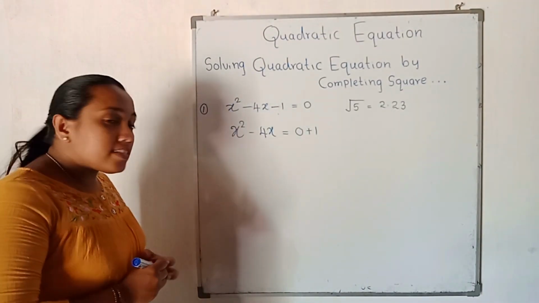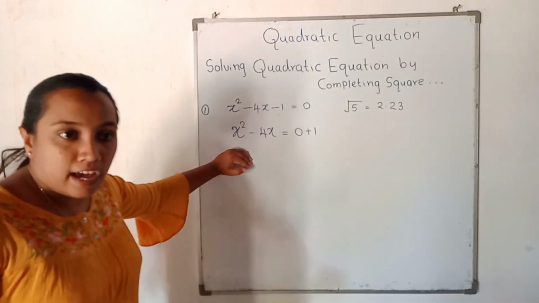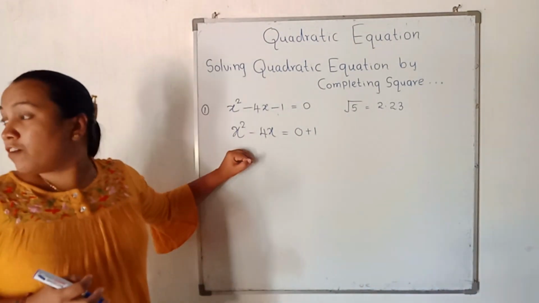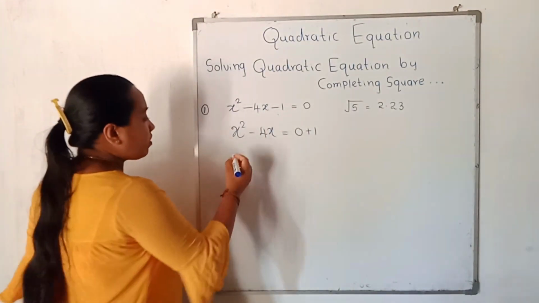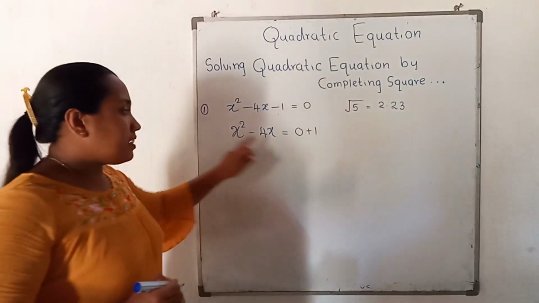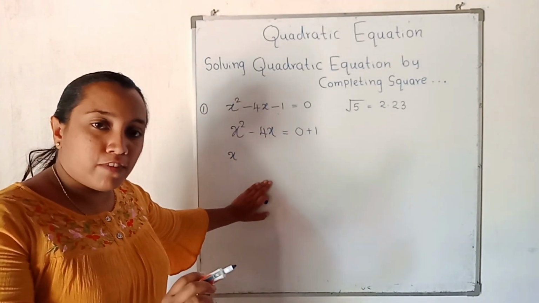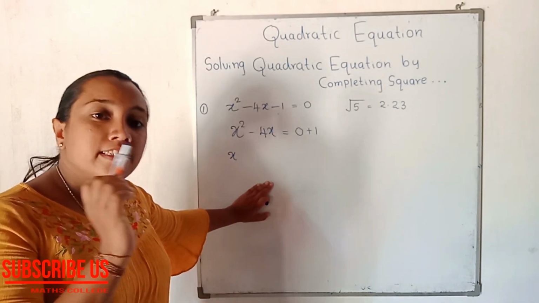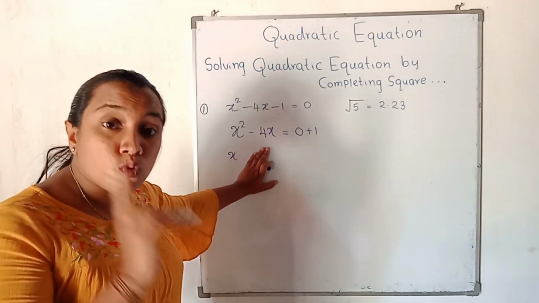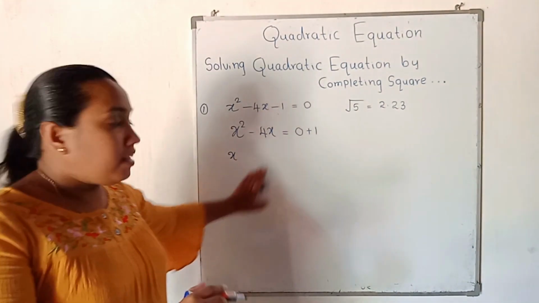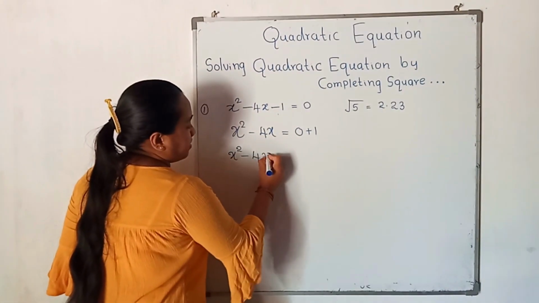Now in the second step we want to write this left hand side as a perfect square. How do we write it as a perfect square? It contains two terms. Before, the expression contained three terms, but here it contains only the two x terms, x squared minus 4x.